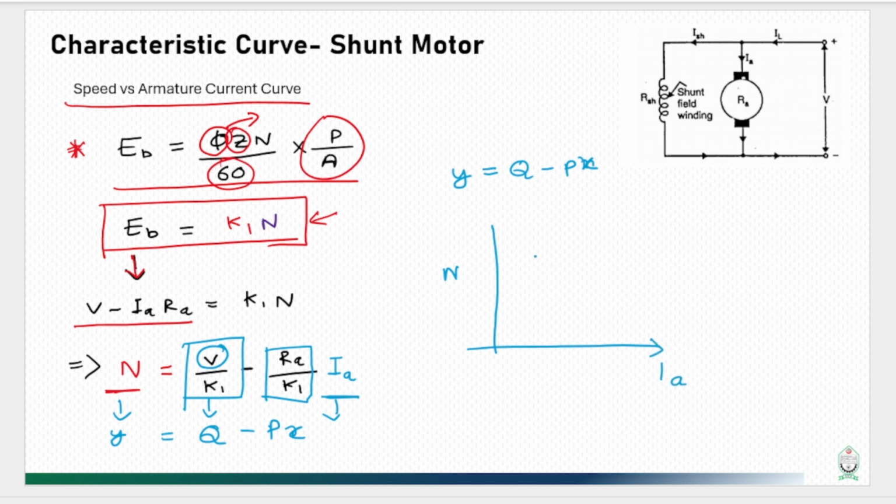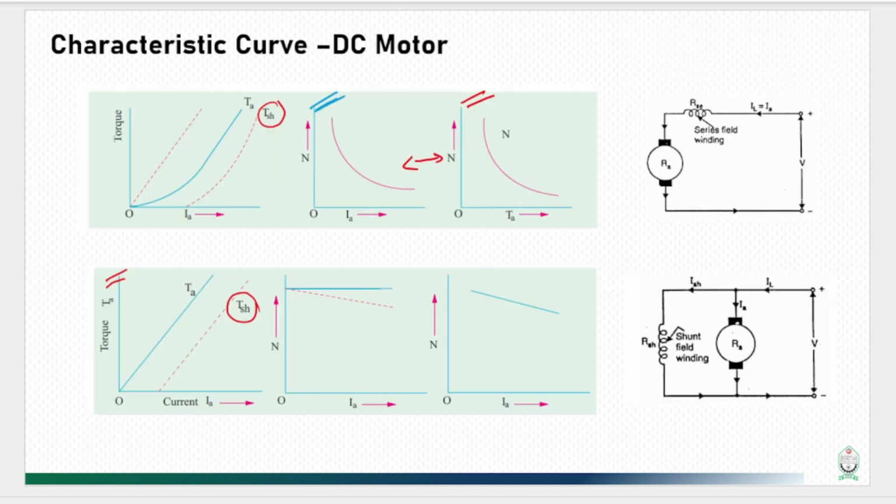That means it should be something like this in this order, and it has a constant that is positive. So this is how our characteristic curve of speed versus armature current should look for shunt motor. Let us verify whether we have reached the correct curve or not. Yes, we have reached the correct curve using our mathematical knowledge.